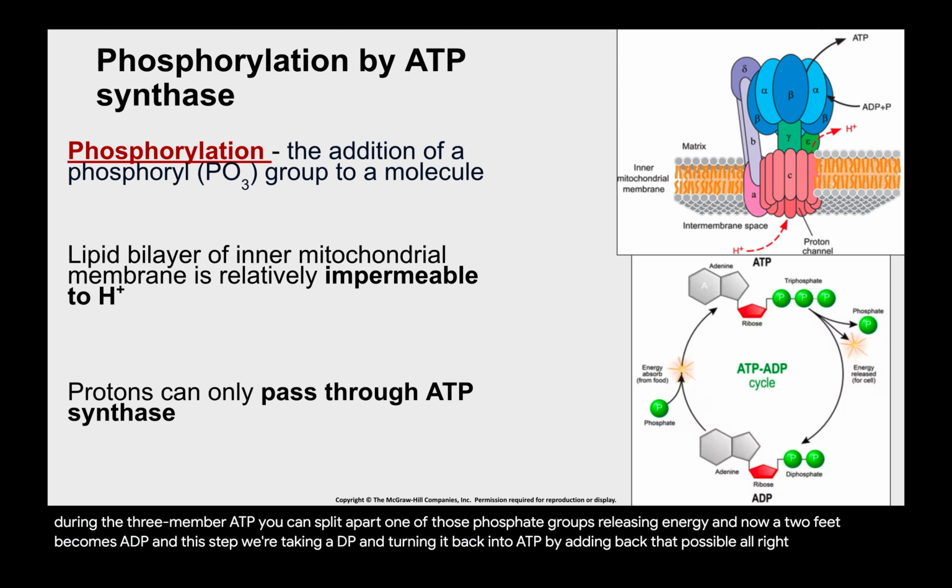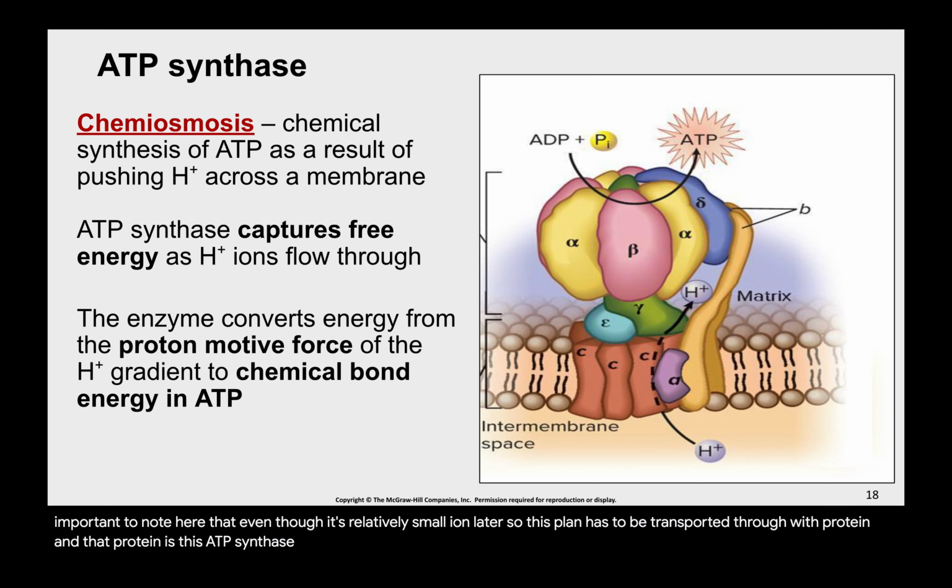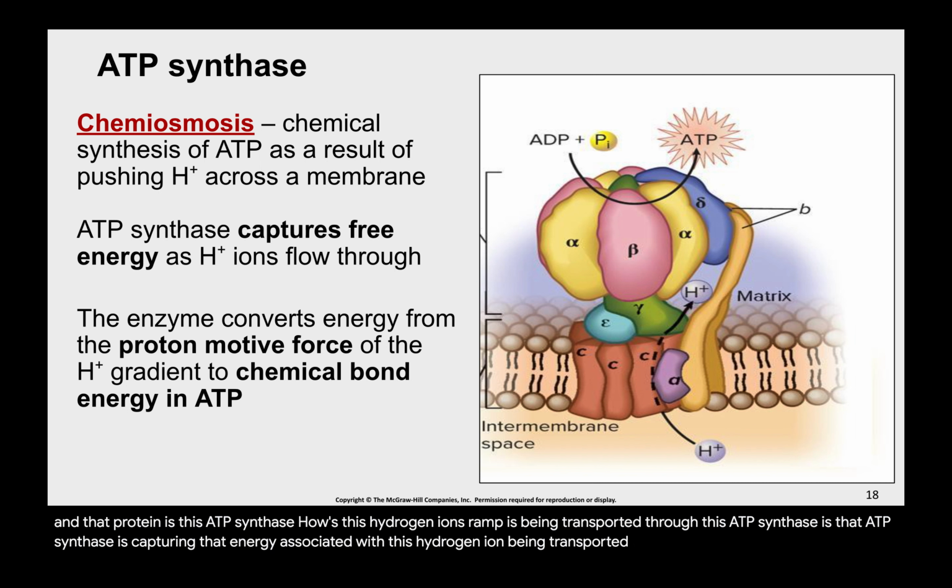Now it's important to note here that even though it's a relatively small ion, it's still an ion, so it can't easily go through the phospholipid bilayer. So this ion has to be transported through a protein. And that protein is this ATP synthase. And so as this hydrogen ion is being transported through this ATP synthase, that ATP synthase is capturing the energy associated with this hydrogen ion being transported through.